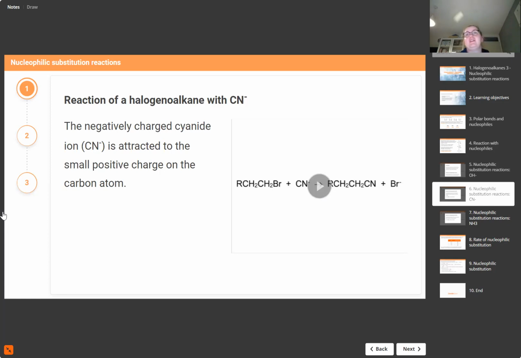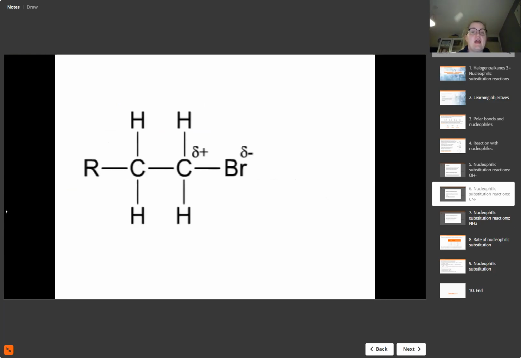What you'll notice is that this reaction is going to look pretty much the same as the one we've just described. So, reaction of halogenoalkane with cyanide, same thing's going to happen. Our negatively charged cyanide ion is going to be attracted to that positively charged carbon atom.